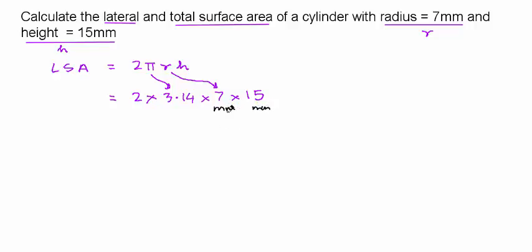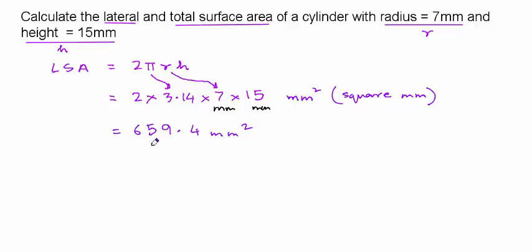So when you multiply a dimension in millimeters with another one in millimeters, just like the numbers, you're also multiplying a millimeter with a millimeter, and that gives you square millimeter. So let's go ahead and find out the lateral surface area. 2 times 3.14 times 7 times 15, how much is that? That is 659.4 square millimeters. That is the lateral surface area of this cylinder.